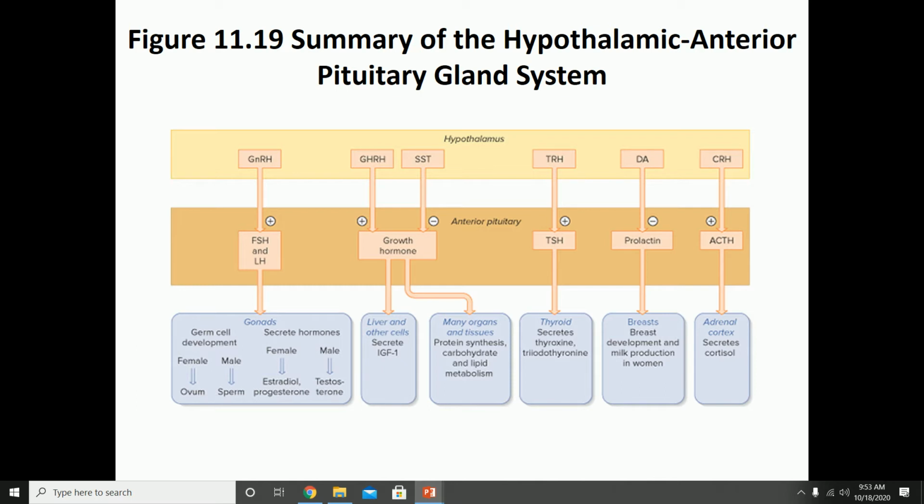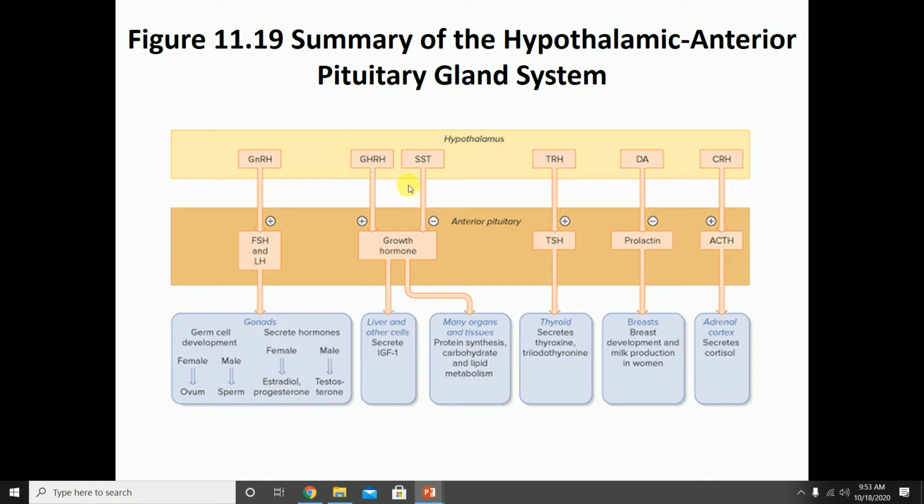Those two hormones are made whether in the male or female system, and will circulate through the bloodstream to reach the gonads. So it'll lead to germ cell development, so the female to make an ovum and the male to make sperm, while it also increases the secretion of their hormones. So females will start making estradiol and progesterone, while males will start making testosterone.